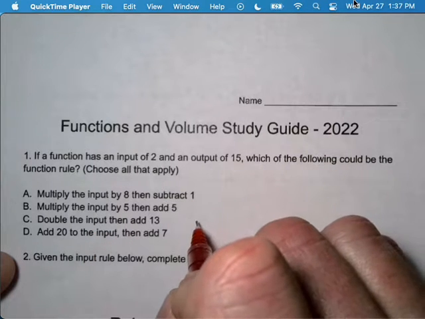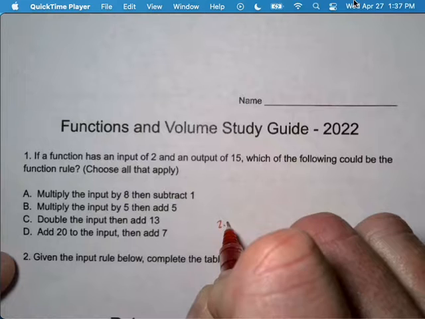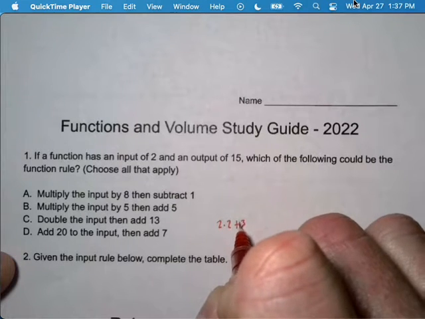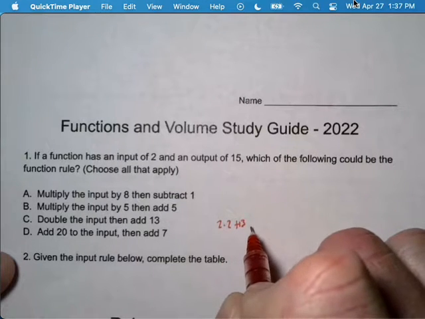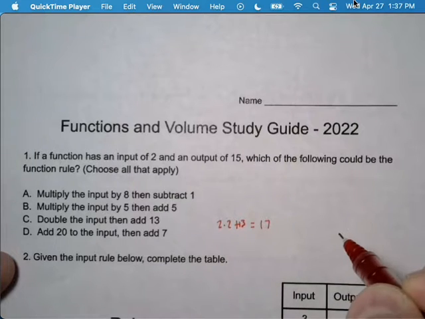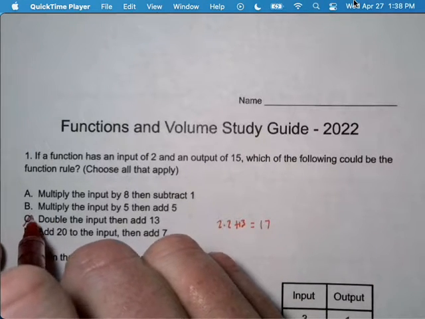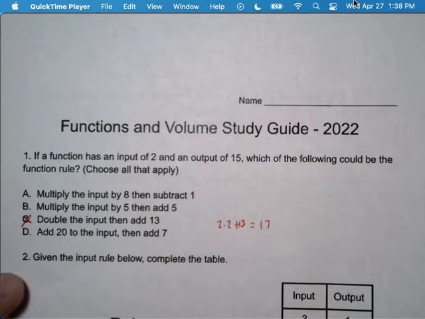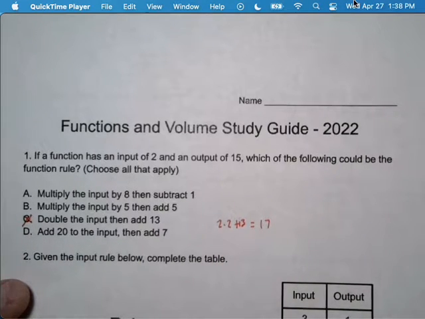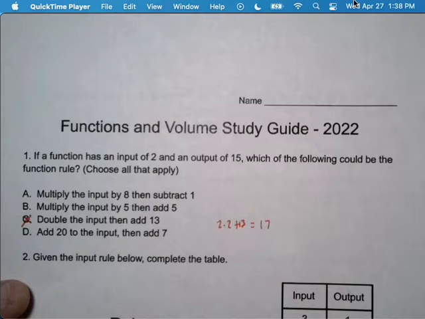So if I did double the input, that's 2 times 2 plus 13. That would be 4 plus 13 equals 17. So that C actually does not work because we can't double the input and then add 13 to make that one work.